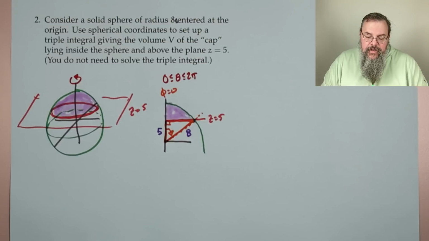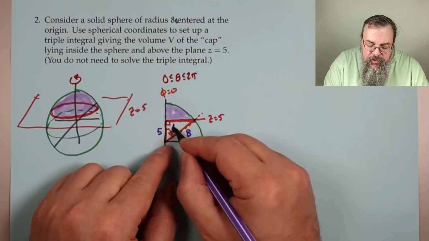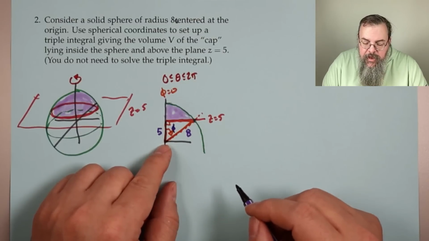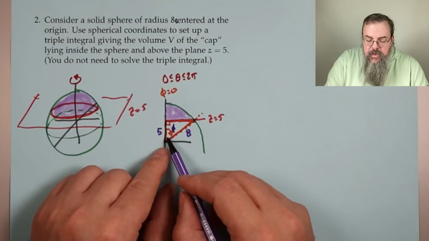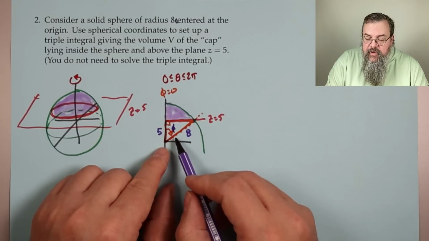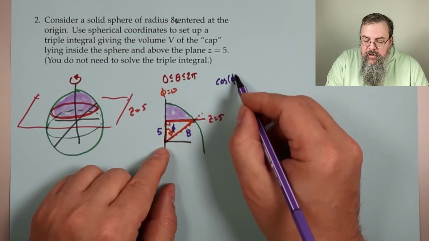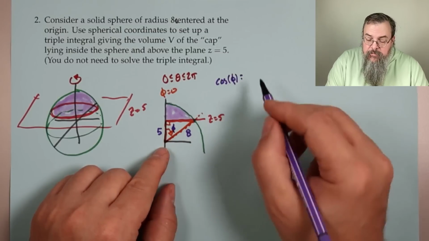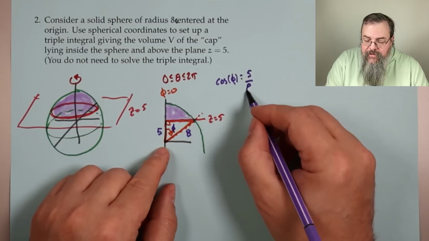Now, if this is our angle phi in the corner, we know the adjacent side and the hypotenuse. So cosine phi is the adjacent side over the hypotenuse, 5/8.